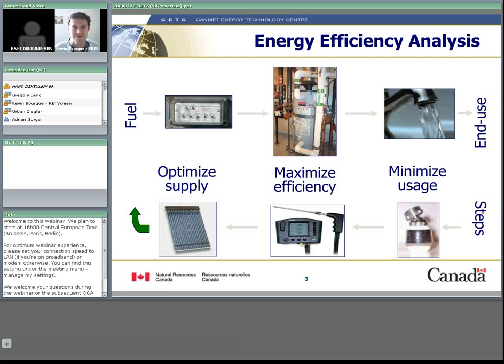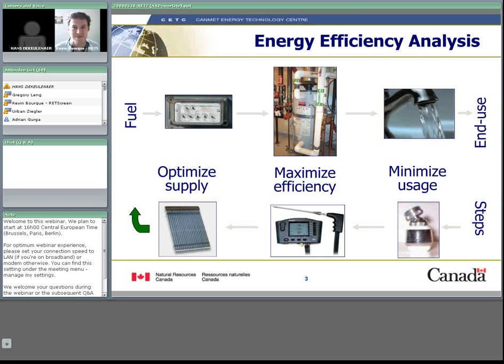And then perhaps a couple of years later, we would have saved up some more money and then changed the windows. The problem is that now that we've changed the windows and we've tightened up the building, the furnace we bought a few years before is now oversized. It's too big. It's providing too much heat for the building. And as a result, it's running at a lower efficiency than it otherwise would be.